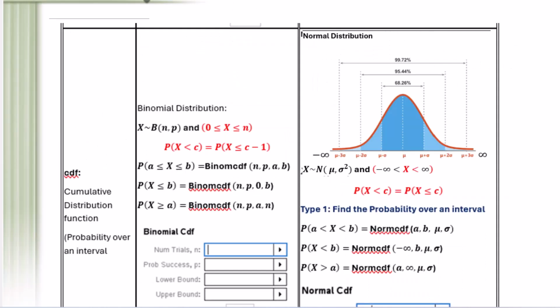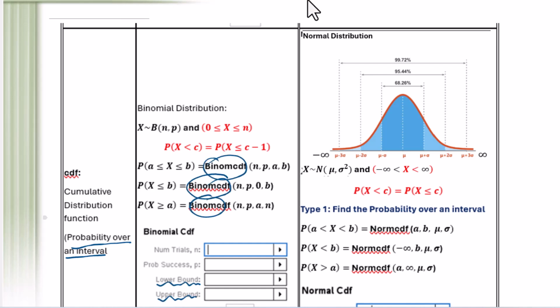Let's talk about CDF, which is the cumulative distribution function. It's the probability over an interval. For binomial distribution, if we are looking for probability over an interval, we've got to use binomial CDF.